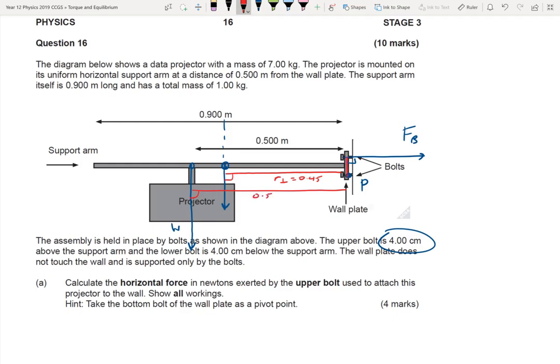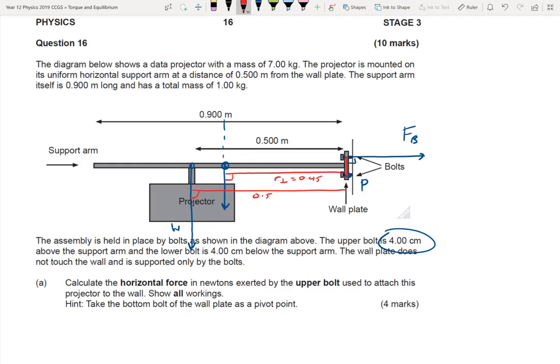Okay, we do have an R perp straight up for the clockwise moment. So what we have, the projector and the support arm, R perp weight plus R perp weight. The perpendicular distance to the weight force and the perpendicular distance to the weight force must be equal to the clockwise moment.